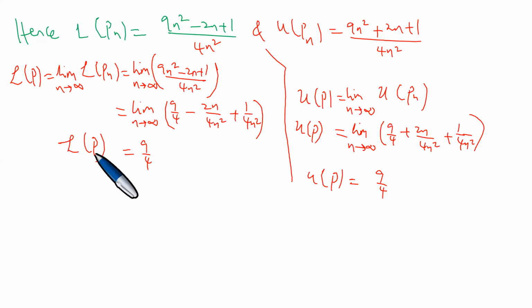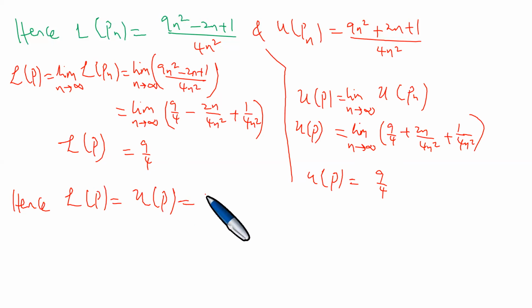The conclusion we can draw here is that they converge to the same limit. So we then say hence LP equals UP equals 9/4.